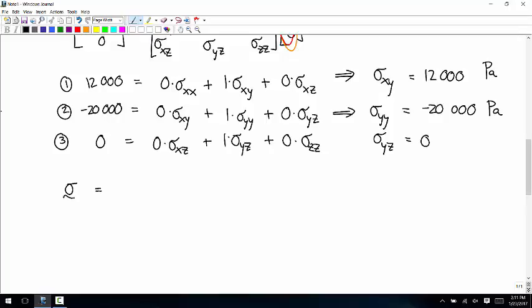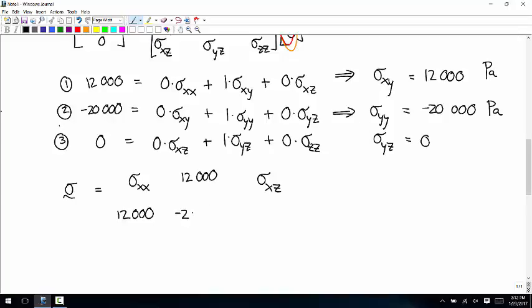So you can rewrite this stress tensor as, do we know anything about sigma xx? Nope, all we know is these three things. So I'll just call that sigma xx. But we do know that sigma xy is 12,000. We don't know anything about sigma xz. And then symmetry says this is also 12,000.